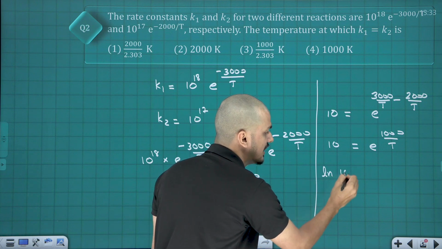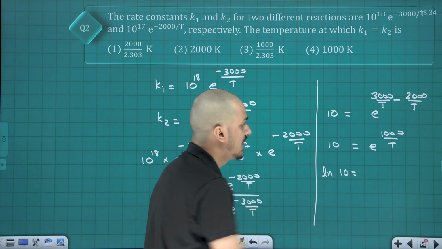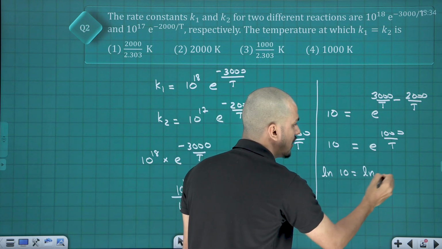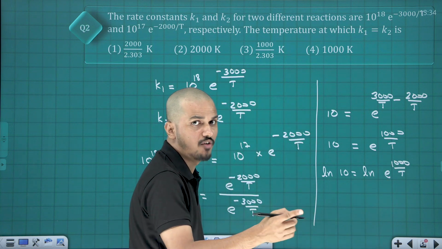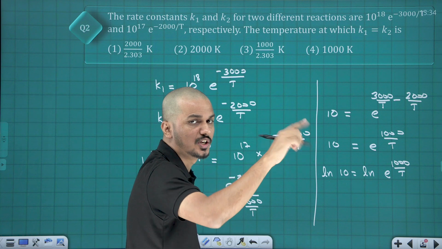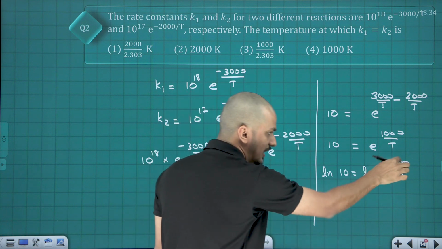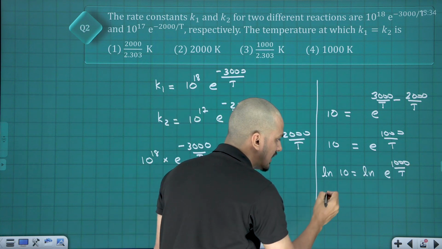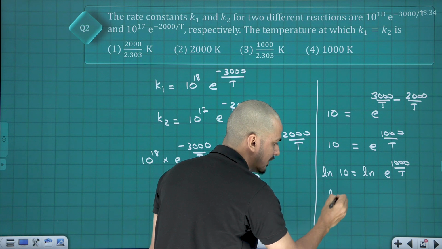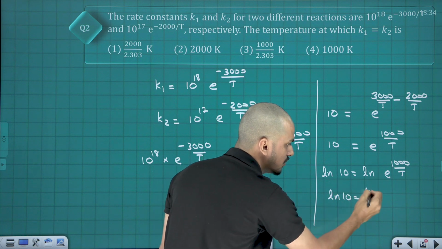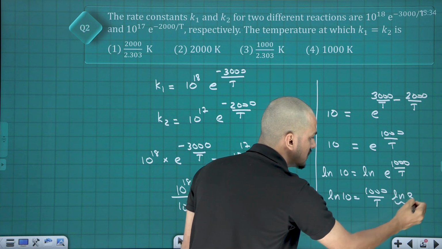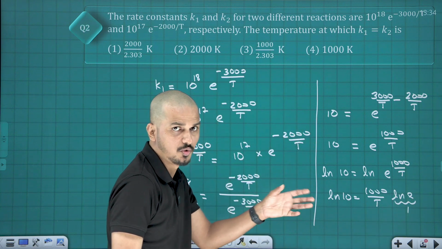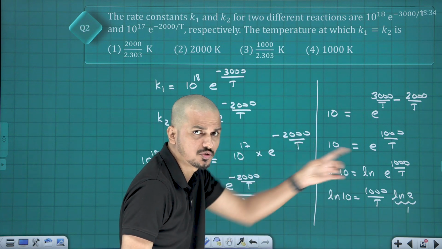So ln 10 is equal to ln of e raised to 1000 by T. Ln of a raised to x means x into ln a, so I can take the 1000 by T outside. Ln 10 equals 1000 by T into ln e. Ln e is equal to 1, because that is log e to the base e.